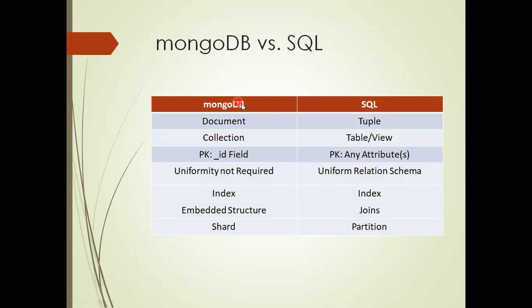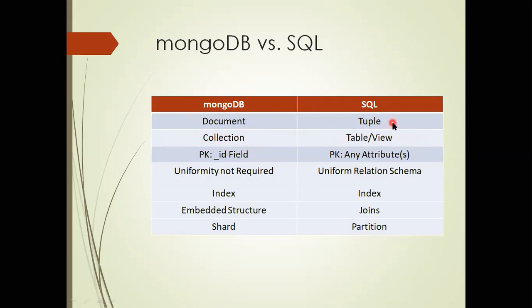So these are a few terminologies for SQL and MongoDB. In SQL, we work by creating tuples or rows. Here we create documents. So our documents are similar to rows in SQL. And in SQL, we create tables or views. In MongoDB, we call them collections.